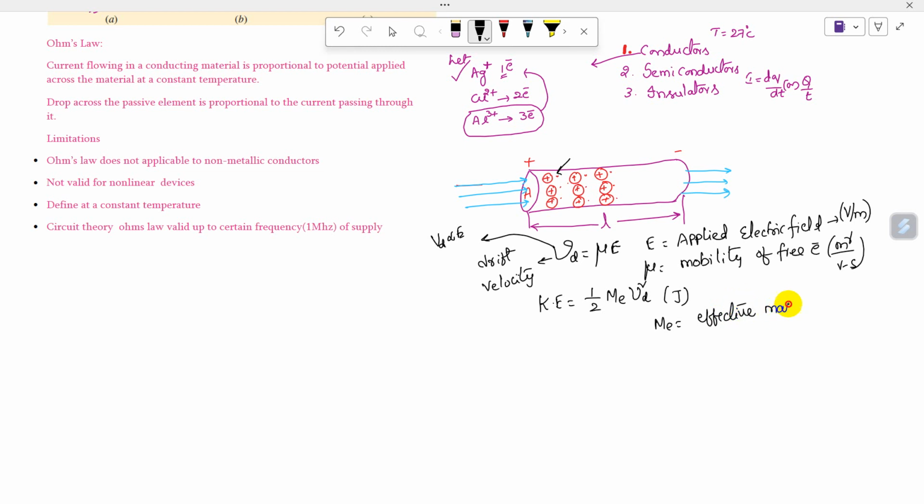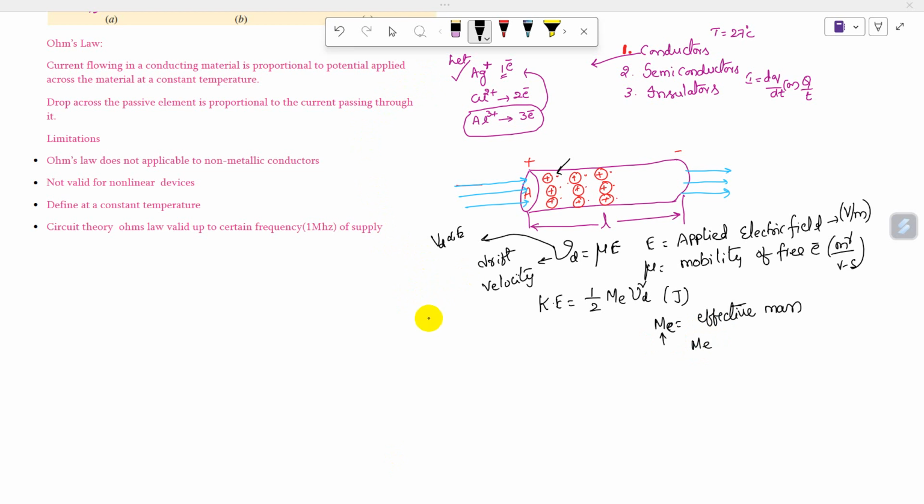What is meant by effective mass? This is the total mass of the free electrons when they are moving. So these are the total mass of the electrons when they are in motion.